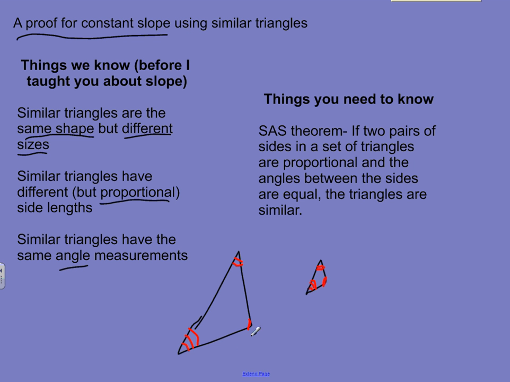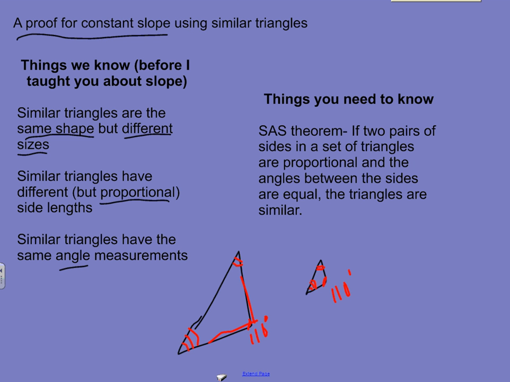So maybe this angle is 110 degrees. Well, then this angle is 110 degrees, even though it's a smaller shape, because the angle describes the relationship between this side and this side. So it's okay for it to be the same degree measurement.